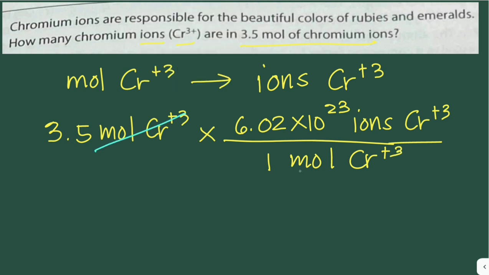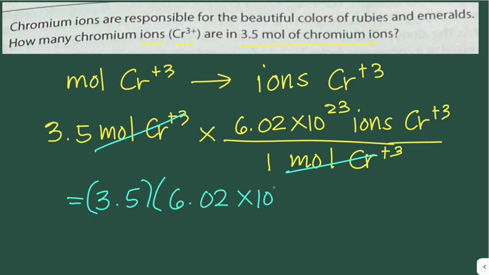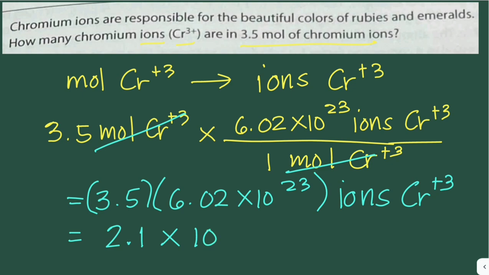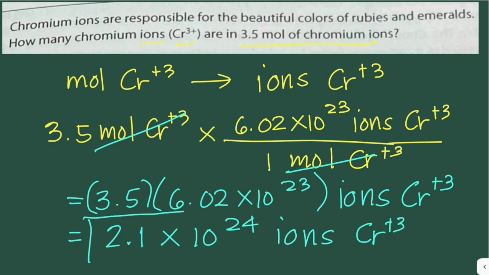And then the number of moles here cancels out. Then we have 3.5 times 6.02 times 10 to the 23rd ions Cr+3. And this is just equal to, let's calculate this. So this is just equal to 2.1 times 10 to the 24th chromium ions. So this is our answer here.